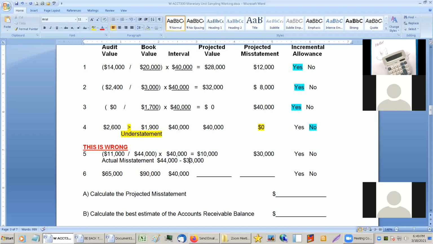No, I'm sorry, I did it wrong. I'm still doing it wrong. So this is actually what we are going to use for the misstatement. We know that this is misstated by 33,000. It's more than the 30,000 if we do this method. So what we're going to do is not do any of these.